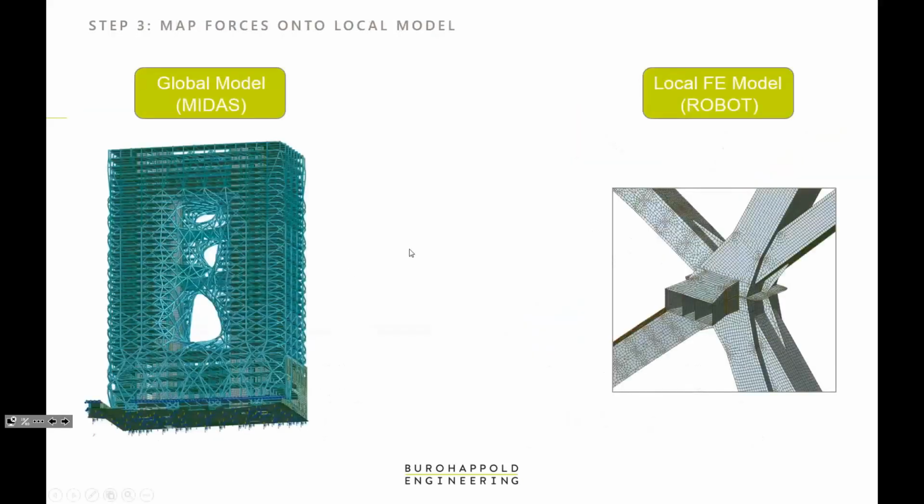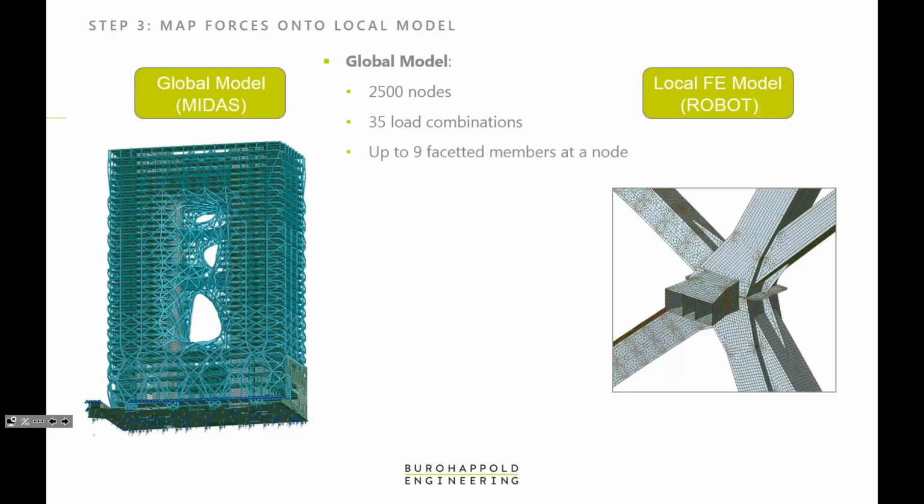Now, in terms of mapping the forces on, as I mentioned, we've got 2,500 nodes in the external skeleton. We've got 35 load combinations for each of them. There are up to 9 members in each node. You can start multiplying these and doing the maths. We've got our local model.